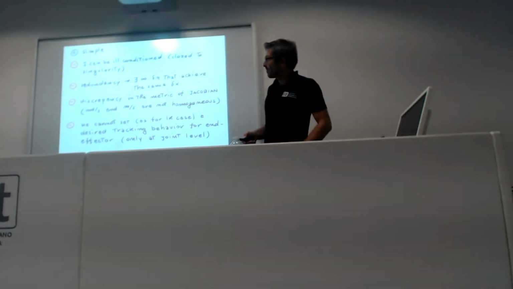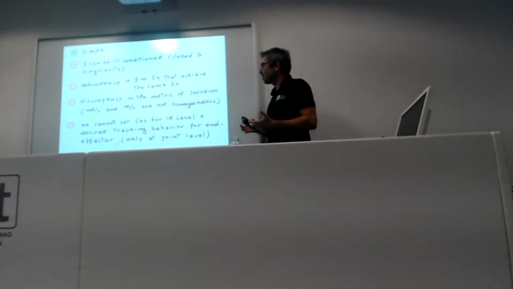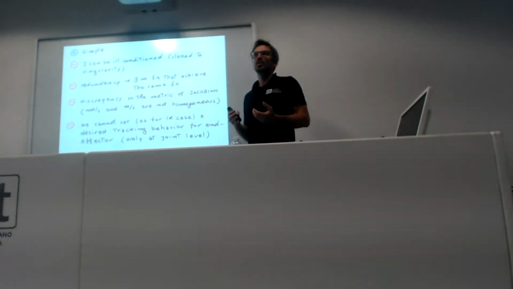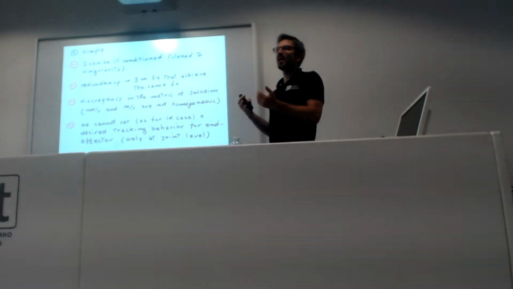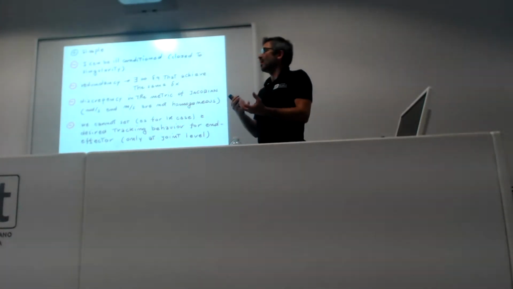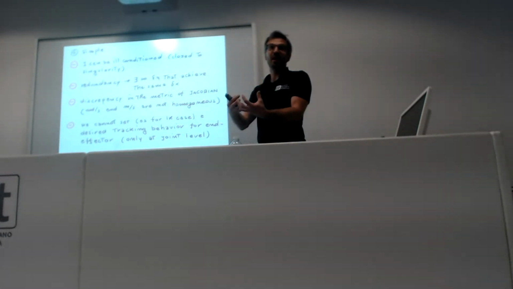As in the case of the inverse kinematics, we don't know which kind of dynamics we are setting for the end effector, so we don't know how stiff it is. Actually, the dynamics is given by the joint controller. So if we set some proportional derivative gains, we will have a certain dynamics at the joint level.